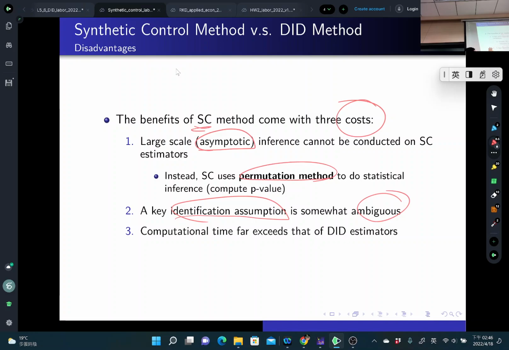So the researcher may get very different results if you use another predictor. Later I will let you know. And also the computational time is far longer than the difference-in-differences estimator, because we need to find weights to construct a weighted average. And finding the weight for each control group is time consuming.